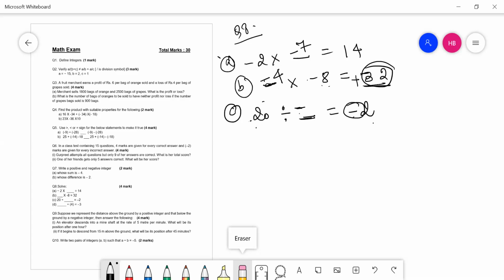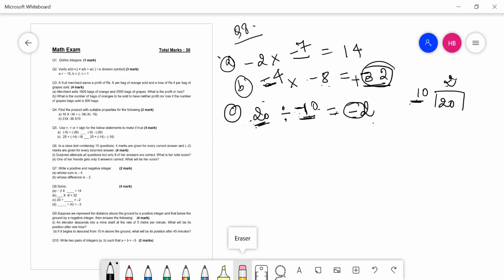It should be -10, because 10 into 2 will give me 20. So if I divide 20 by -10, I'll get -2 as the answer. Again, why -10? Because plus divided by minus will give me minus.